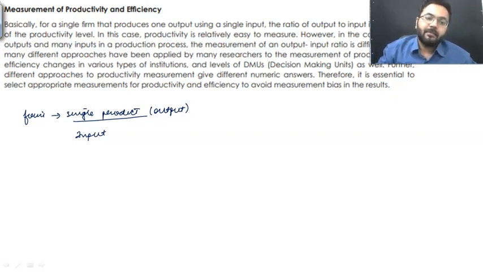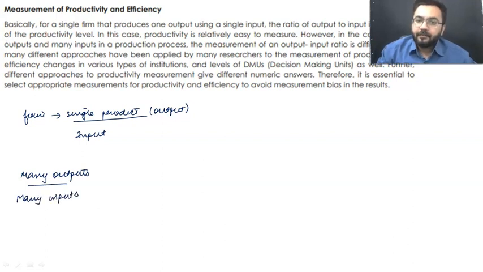And in case somebody is having many outputs, and they must be having many inputs in the production, in this situation the output ratio is going to be difficult, because there are going to be different approaches for productivity and the changes in efficiency.